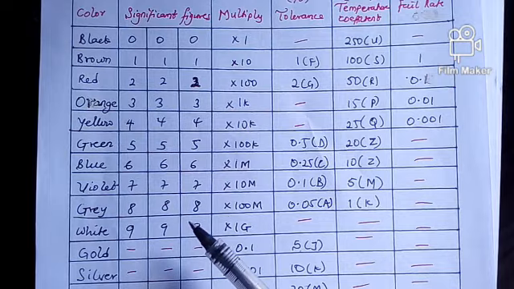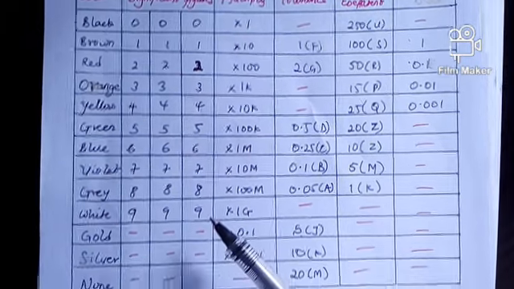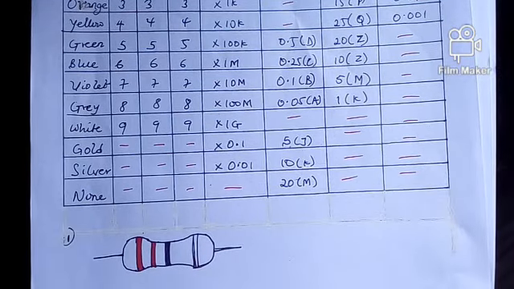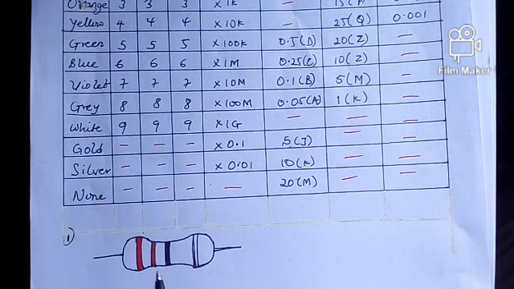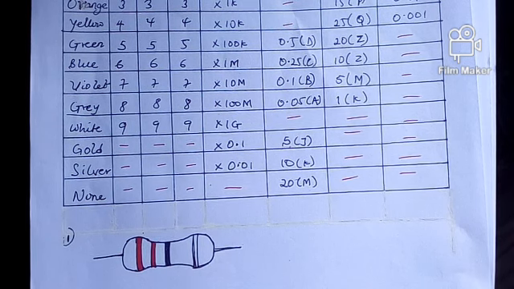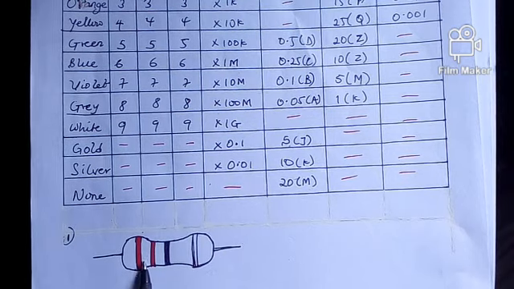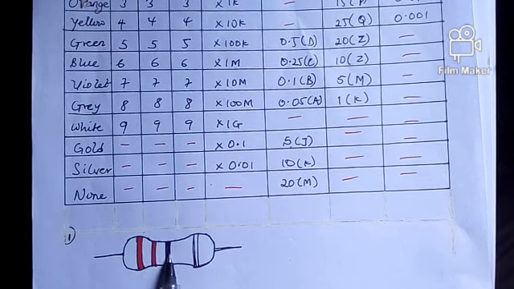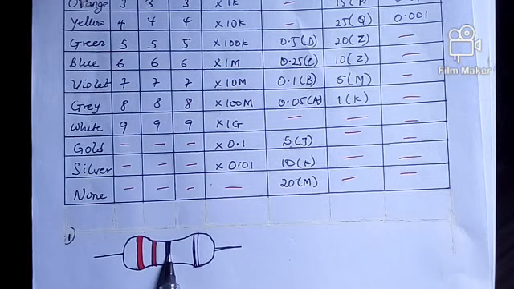There is one thing you must understand. In every fixed valued resistor, you must be very careful to identify the bands. What I mean by band is the color markings. If the resistor has 4 bands, it simply means that the first 2 colors are the digits. The third color is the multiplier.